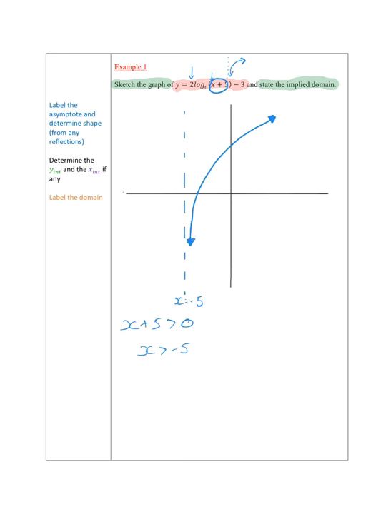Just like any graph, if we're finding the y-intercept, we're going to let x equal 0. So assuming here that y equals 2 log e (x plus 5) minus 3, we're now after the y-intercept, and so we'd let x equal 0.